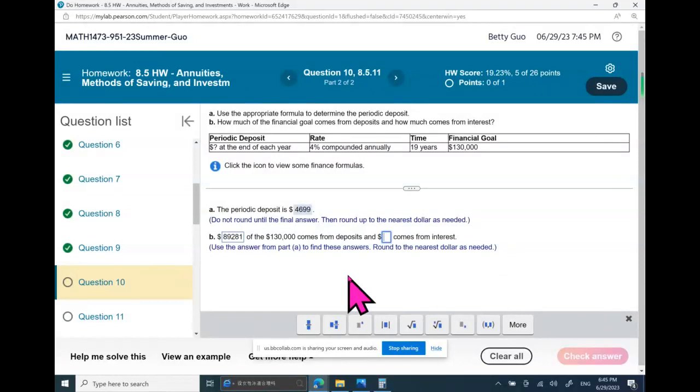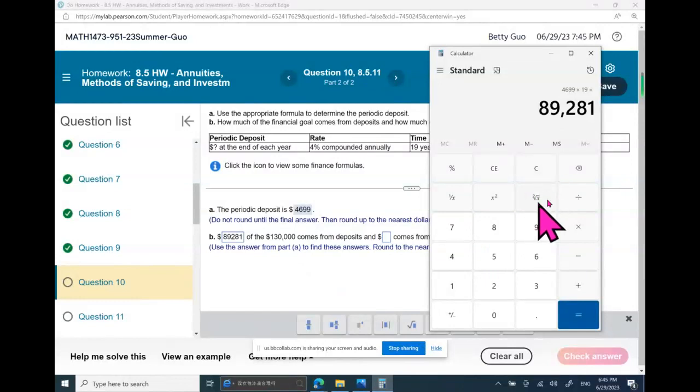We just need to use 130 grand minus the value we just got. I'm going to switch the order. I will get a negative number, but your answer is supposed to be positive. 130,000 minus 89,281 is 40,719.